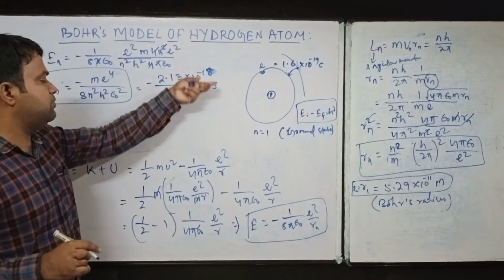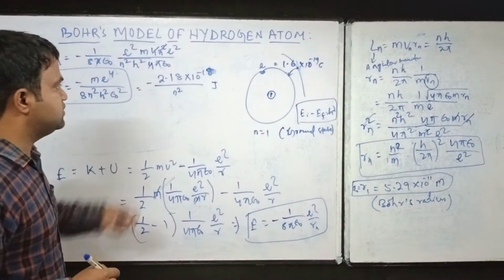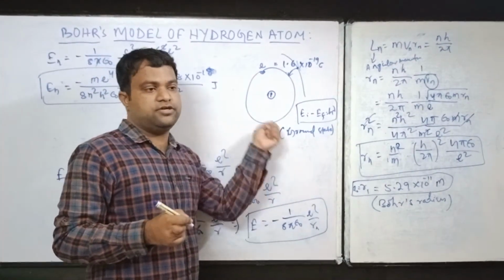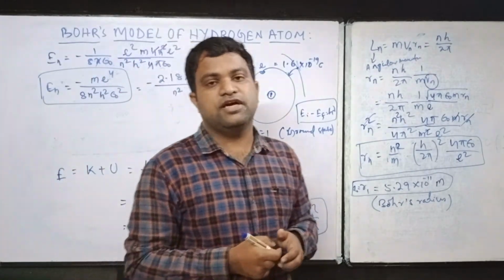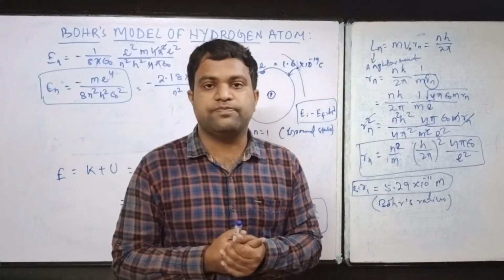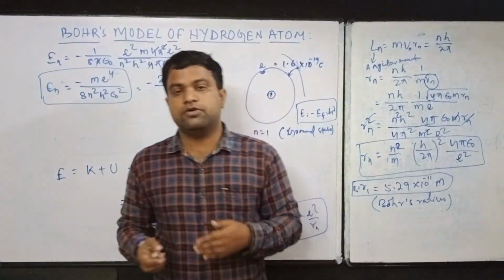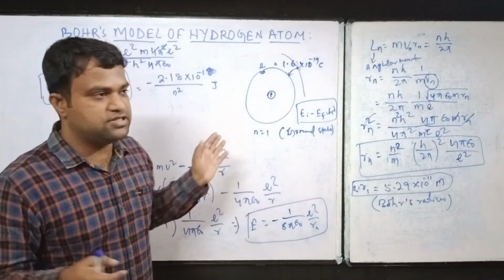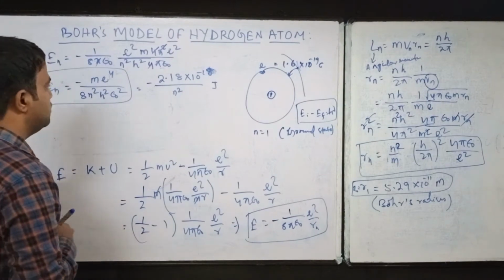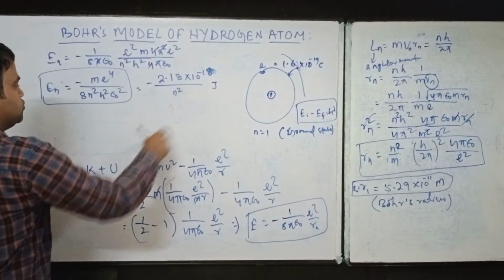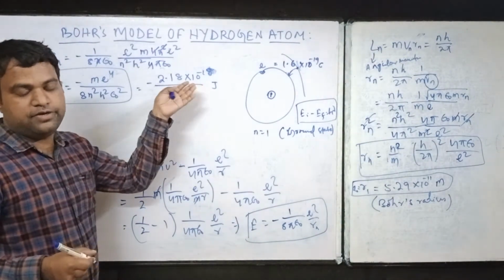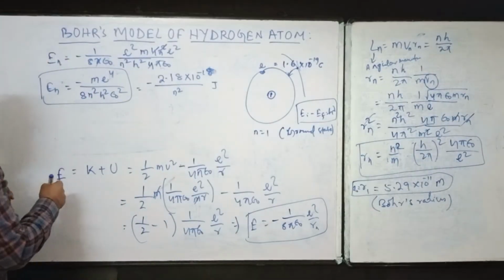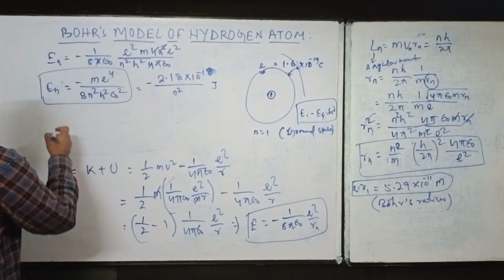If you want to convert to eV, electron volt, this is popular, and most of the units in atomic and nuclear physics you will see expressed in electron volt, MeV, or GeV, giga electron volt, because these are very energetic. So if you want to convert this joule to eV, you will divide by 1.6 into 10 to the power minus 19, then it will be converted into electron volt.